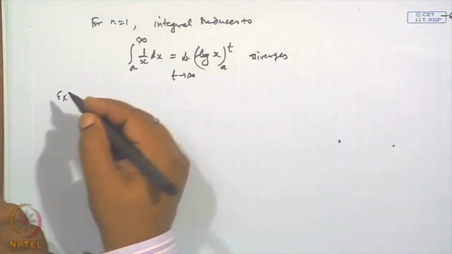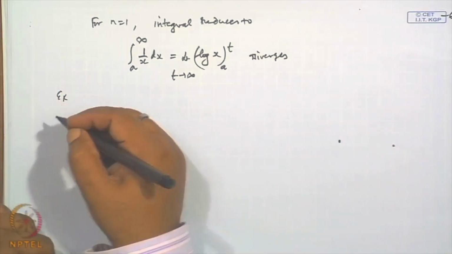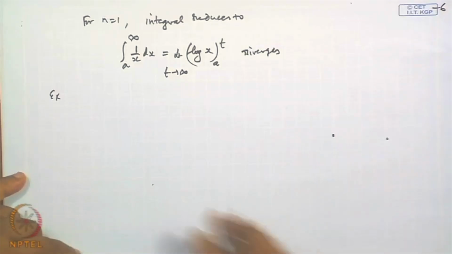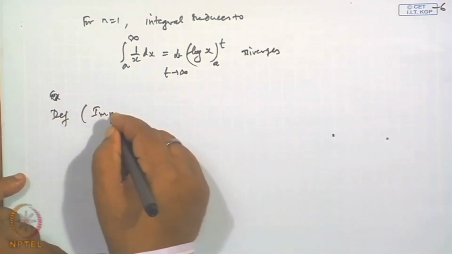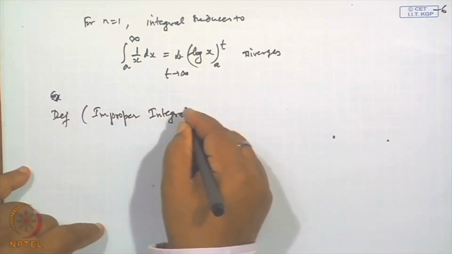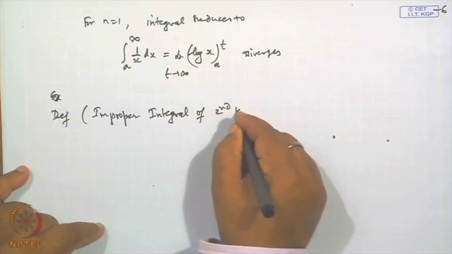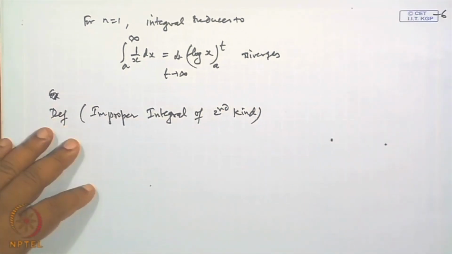Then there is another example which we can also use as a standard result, but prior to this, let us come to the definition of the improper integral of the second kind. Now, what we have told is that in this second kind, the range of integration is finite, a to b, but the function need not be bounded.